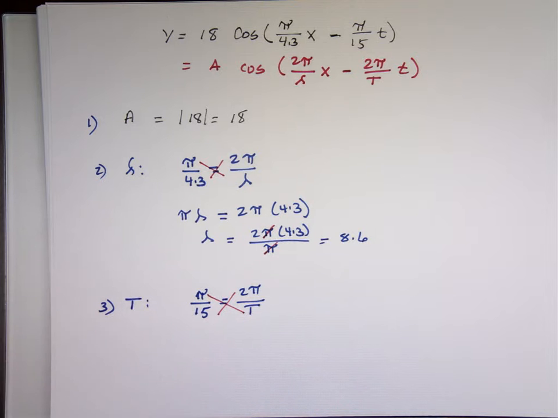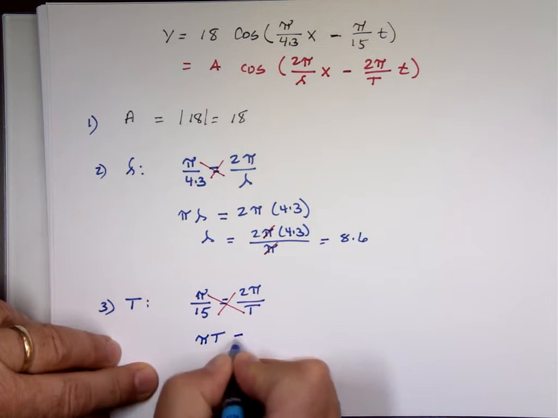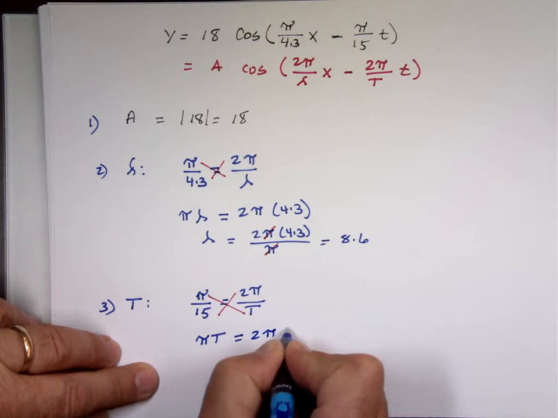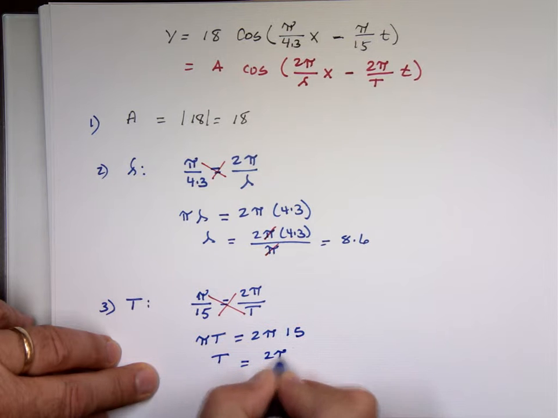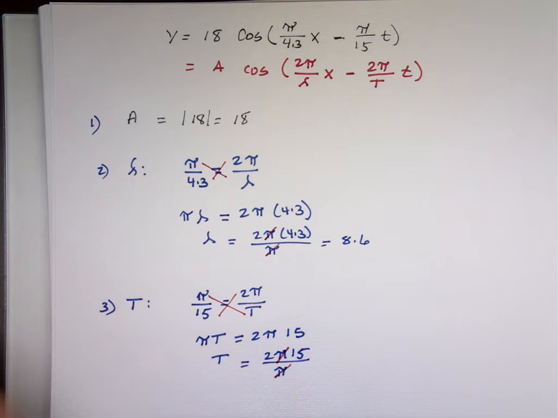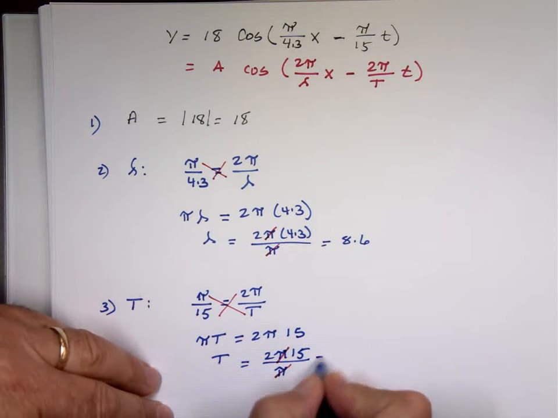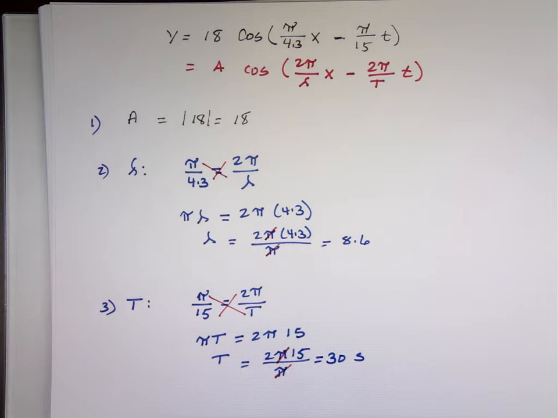Pi times T equals 2 pi times 15. T equals 2 pi 15 over pi. And what will happen? Pi is gone. 2 times 15, which is 30 seconds. So the period for that should have been 30 seconds.